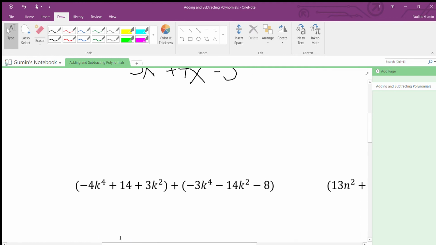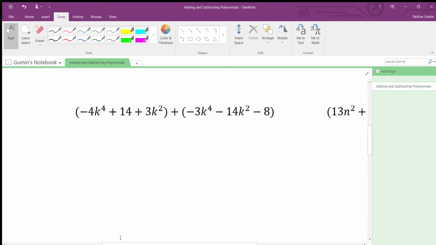Ooh, lots more terms. Maybe more colors? Ooh, we'll see. The largest exponent I have here is k to the fourth. Then I have a k to the second. And we finish off with no variables, no k. All right.